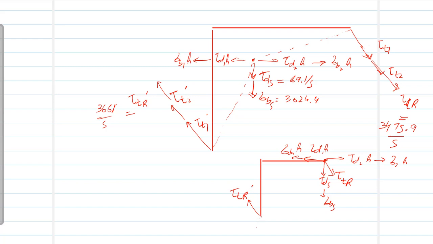This is tau ds, this is sigma bs, this is tau d2h, this is sigma b2h, this is tau d1h, this is sigma b1h.